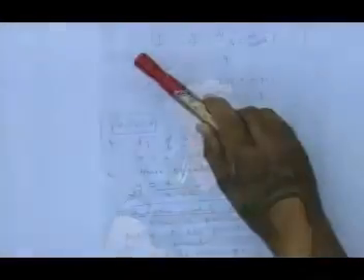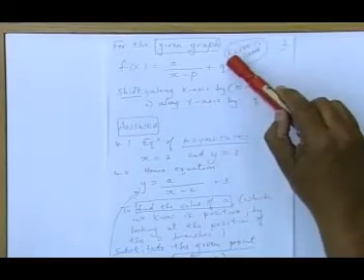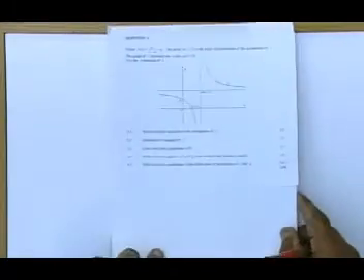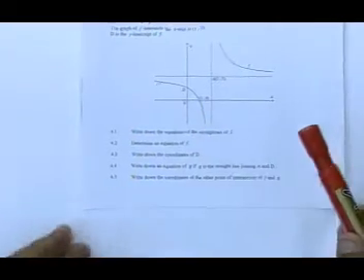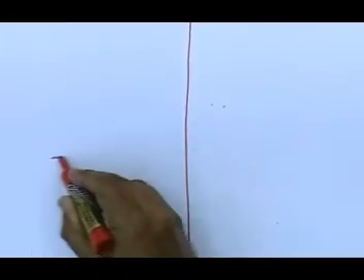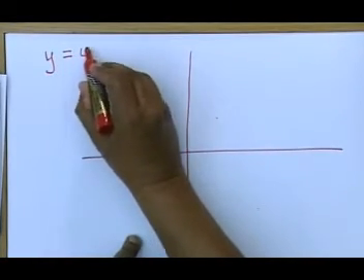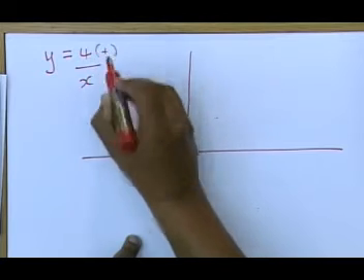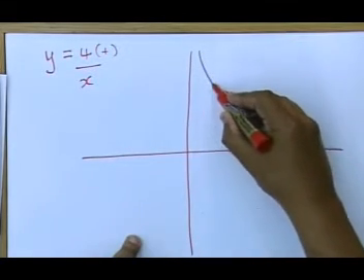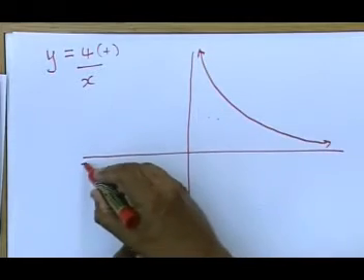From the given graph, f(x) equals a over x minus p plus q. If you look at the given graph, you can see that the hyperbola is normally, if we have y equals 4 over x, and that a value is positive, then the hyperbola will be like a parabola turned on its side.